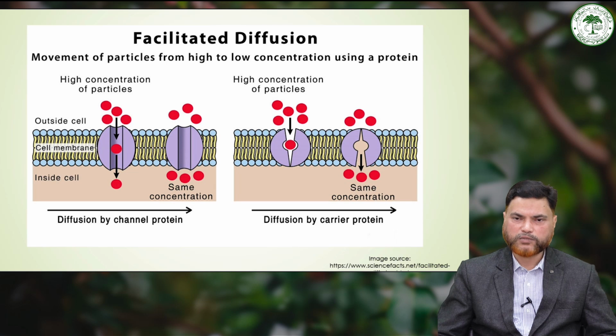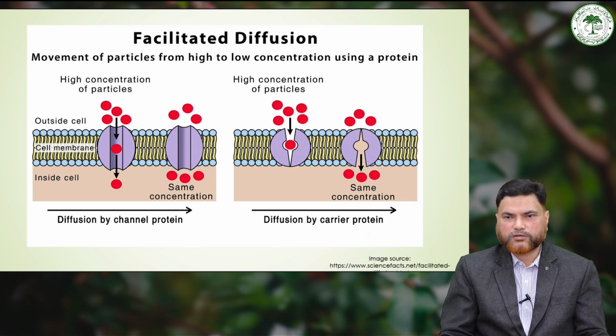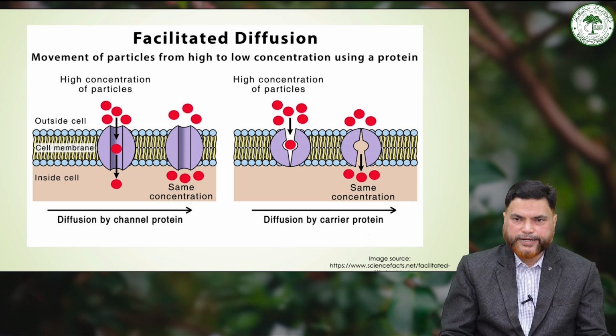Basically, facilitated diffusion involves the movement of molecules across the plasma membrane with the aid of membrane proteins, especially channels and carriers. You see, these are channels and carriers. They aid facilitated diffusion, and generally the rate of solute transport across the membrane is significantly higher than in simple diffusion.